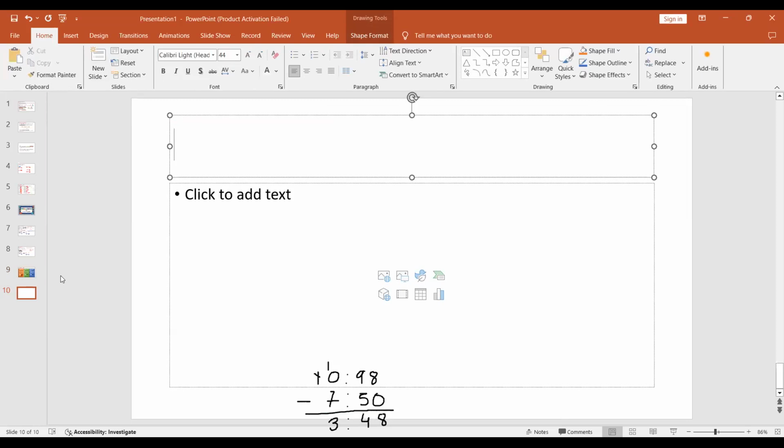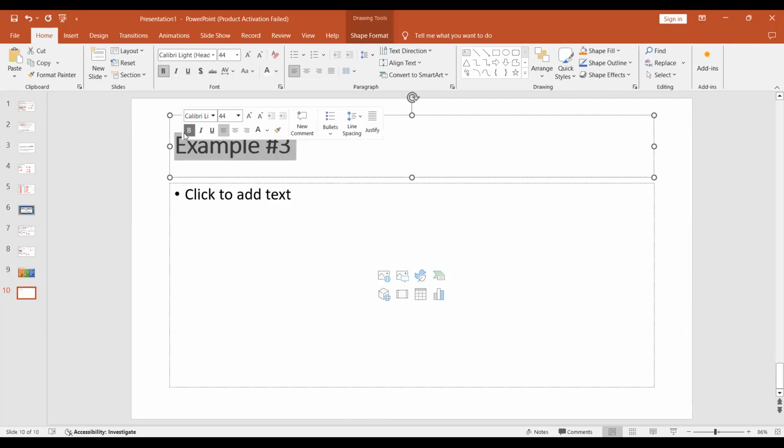Summer, you see it, right? That's on the slope. Determine the slope from a graph, which is basically rise over run. So let's do example number 3.